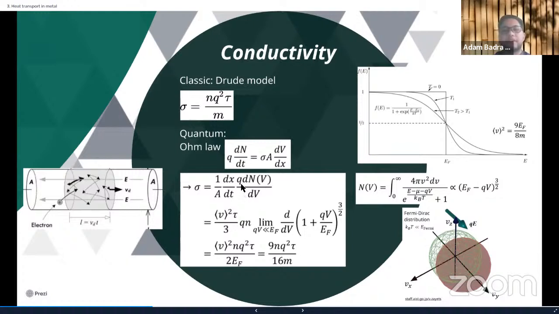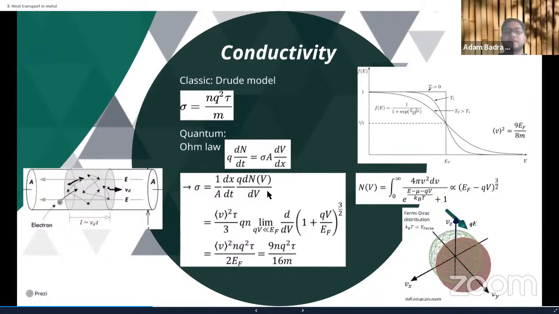Here is the different point between classical and quantum, because now we need to consider the derivative of n with respect to V. If we change the voltage, how will n change?